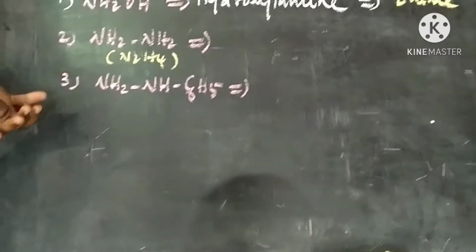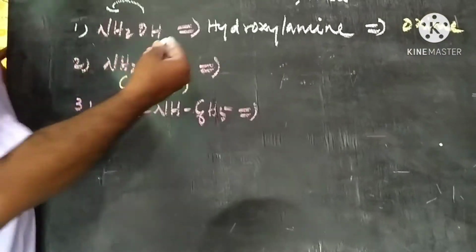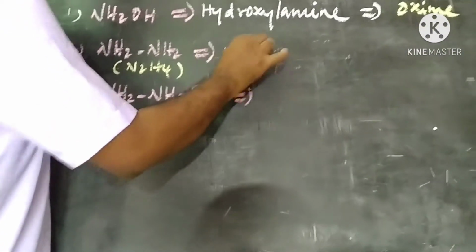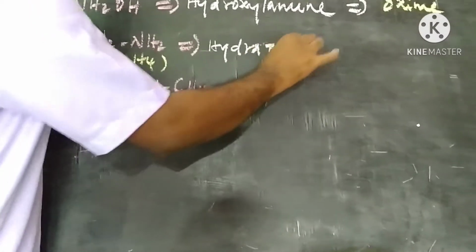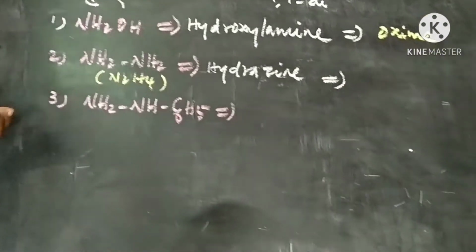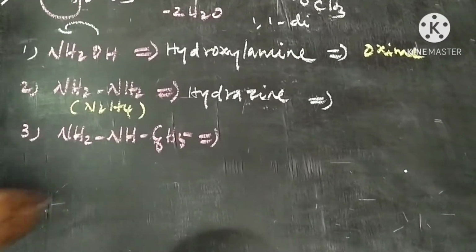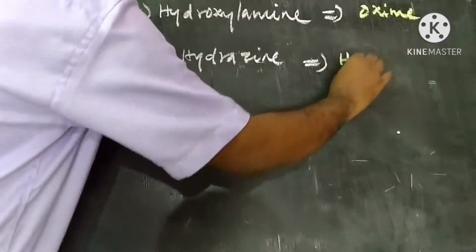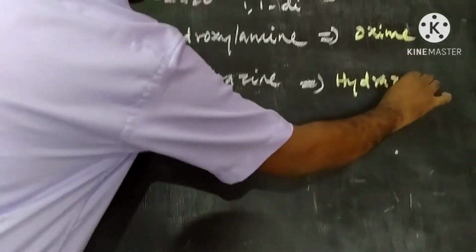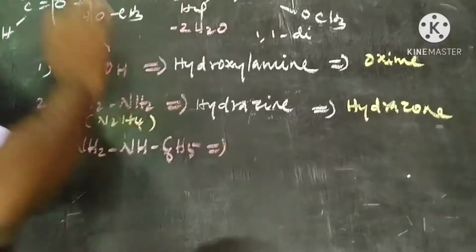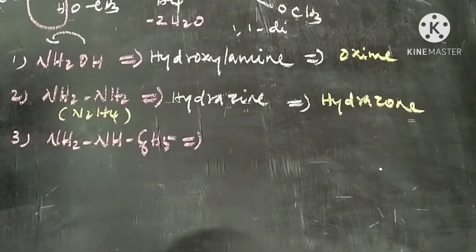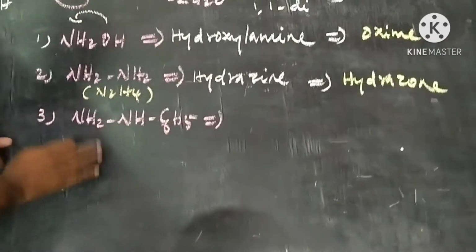Hydrazine reacts with the carbonyl compound, that means aldehyde or ketone, to give hydrazone. The next one is phenyl hydrazine.